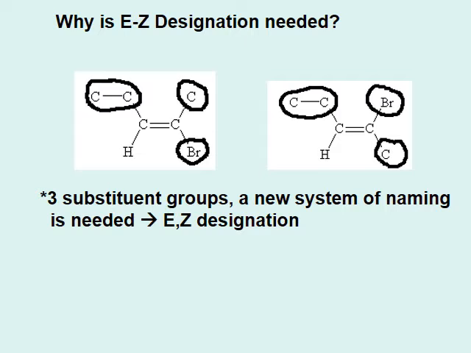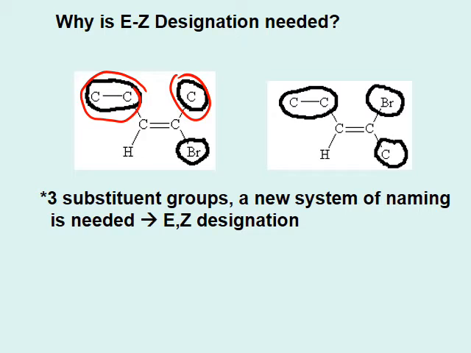Now, if you look at this molecule, you can see here there's the ethyl group, and this is the methyl group. If there is no other group in this case, then this would clearly be a cis isomer. So let me write that down.